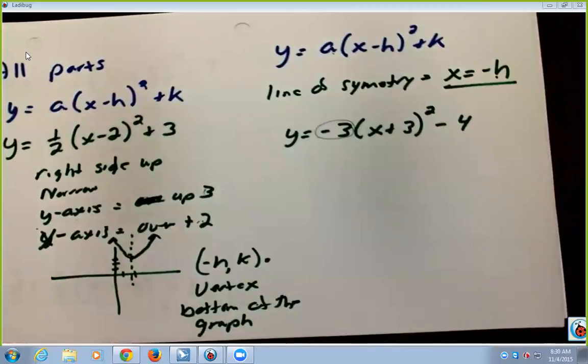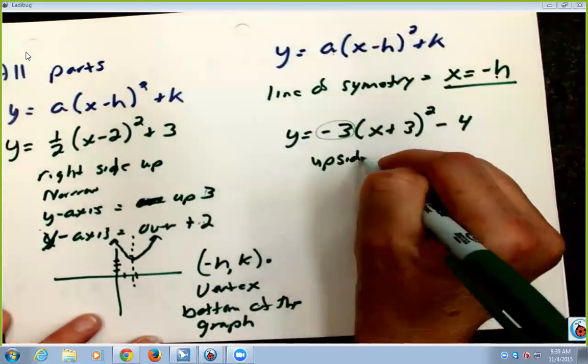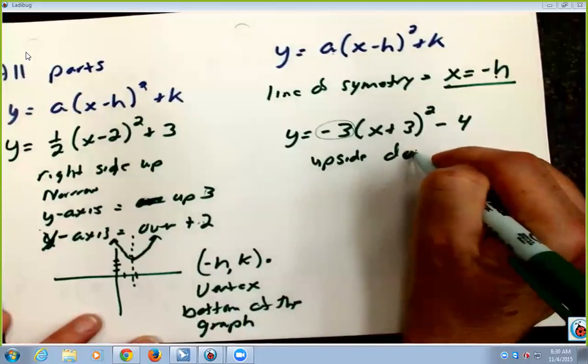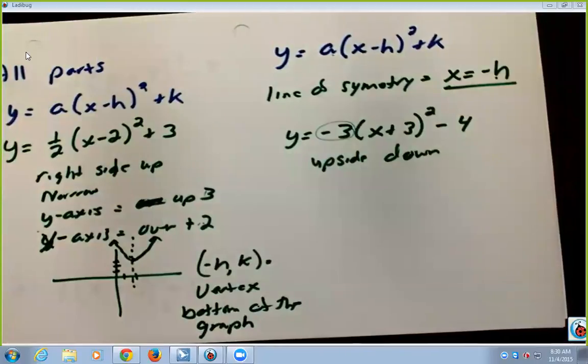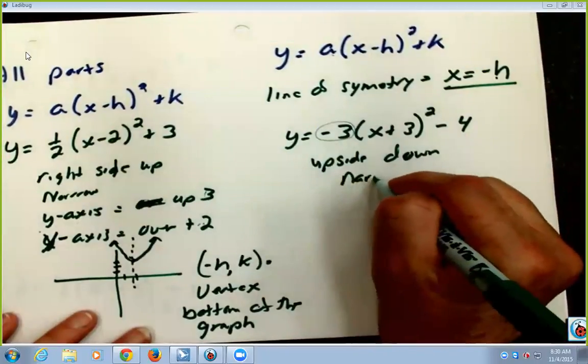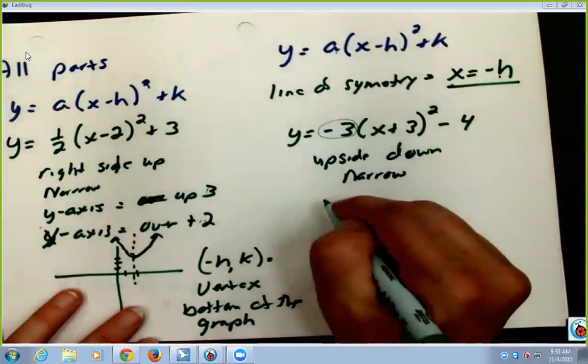You guys think? Upside down. The 3 tells me, is it narrow or wide? Narrow. The line of symmetry.